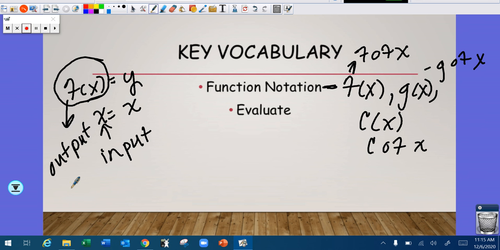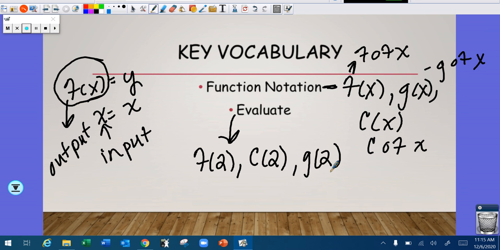All right. So if you're asked to evaluate a function, in other words, if you're asked to do f of 2 or c of 2 or g of 2, what this is telling you to do is to substitute in this right here. They gave you the value of x.